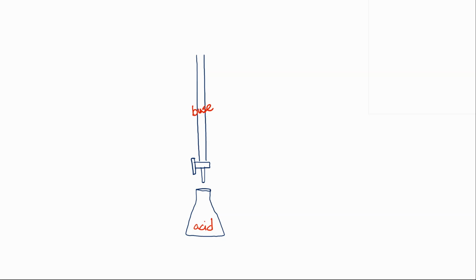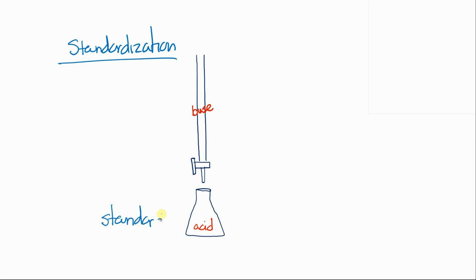The specific analytes don't matter, but there's sort of two flavors of titrations that we'll talk about. The first one is a standardization titration. In this one, we're going to use a standard, a known amount, and with it, you're going to determine the concentration of the titrant, in this case, the base.